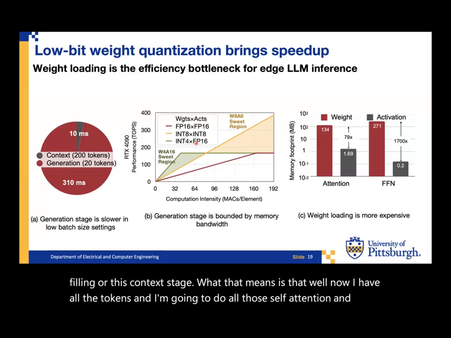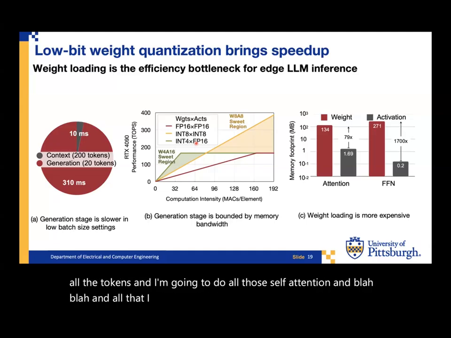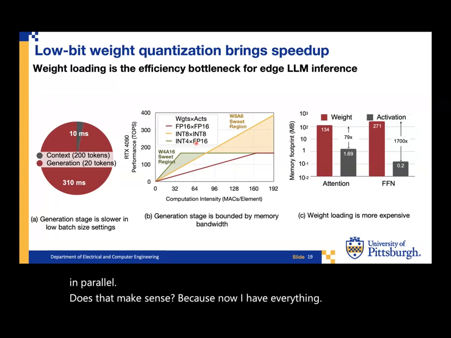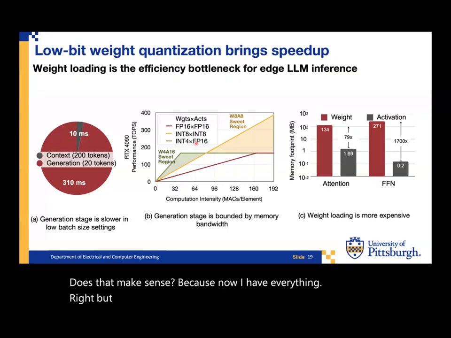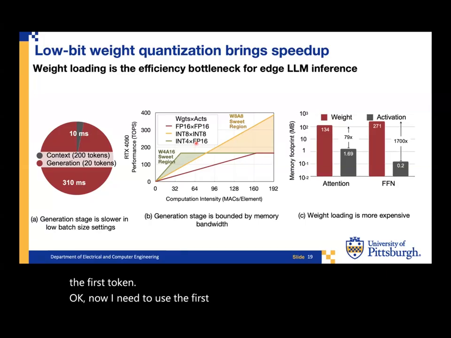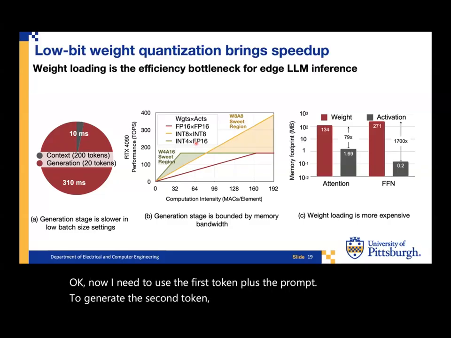I can actually process all these prompt tokens in parallel. Does that make sense? Because now I have everything, right? But once you process all these prompt tokens and generate the first token, now I need to use the first token plus the prompt to generate the second token, right? So this is an autoregressive process.